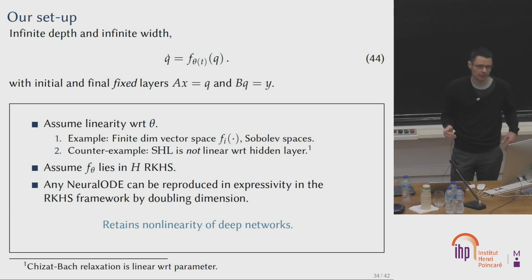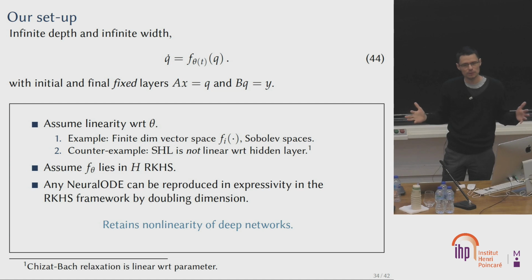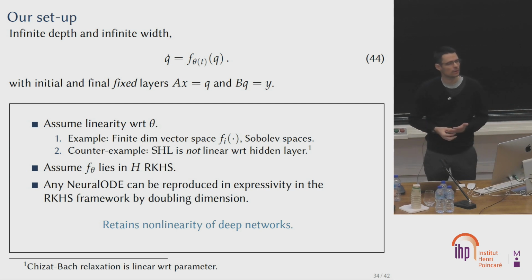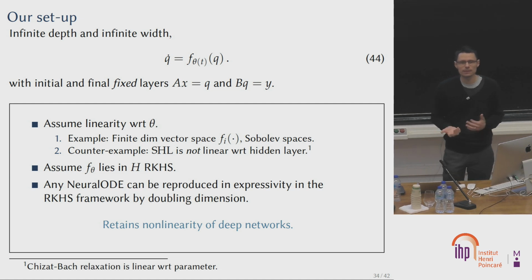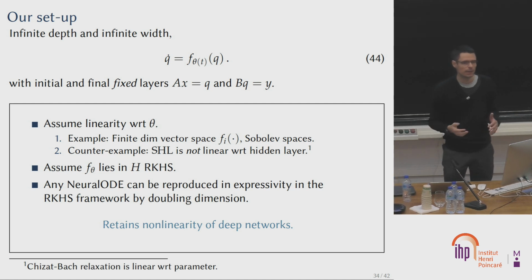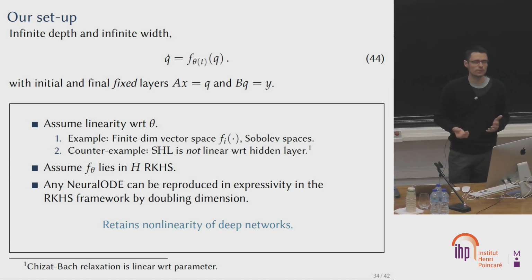But in fact, for your family of f theta, you can assume that it's in a linear space, like a Sobolev space. So it can still encode diffeomorphic flows. In some sense, it's going to be super expressive. At least it's going to be universal in the space of diffeomorphisms, in the connected component of the identity.